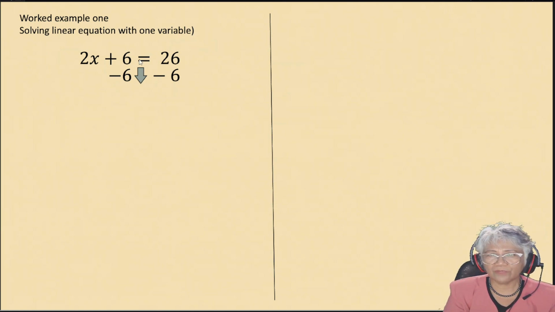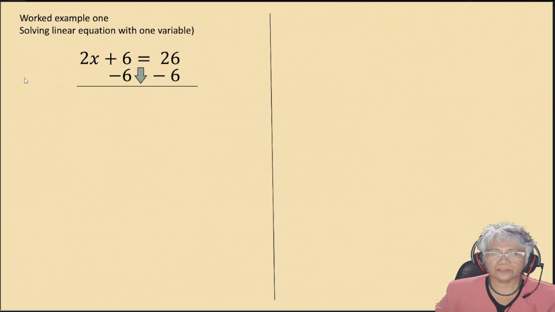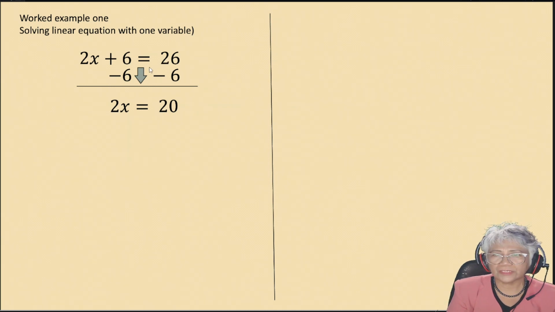To get rid of the 6, we have to use the opposite or the inverse operation. So with that, what would be the result? We're going to have 2x equals 20. Plus 6 and minus 6 give us 0, and 26 take away 6 is 20.